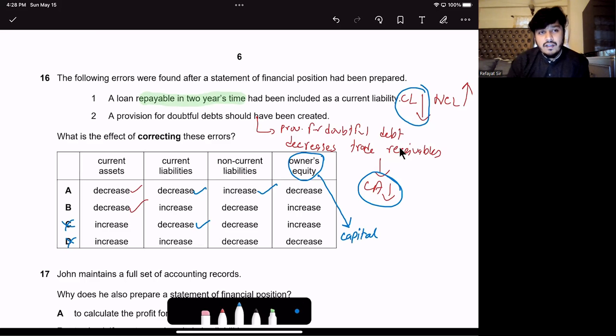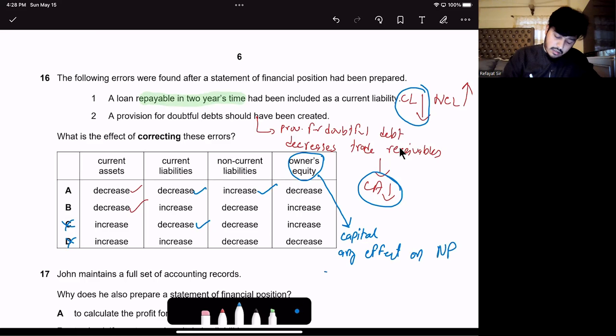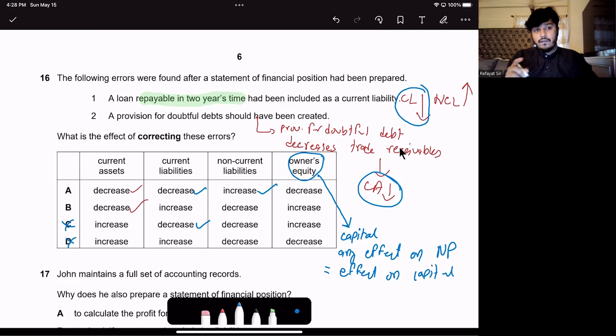And let me give you a very simple shortcut. You don't have to go through the equation and all the thoughts of whether assets are increasing or liabilities are decreasing. Just remember, any effect on net profit equals effect on capital. Provision for doubtful debt is an expense.